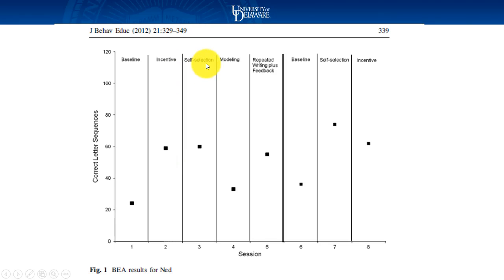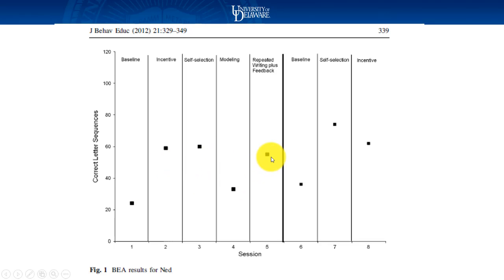They had another intervention for self-selection, probably also a different way of doing motivation. Also similar performance, slightly higher, but not significantly. Then they did a modeling intervention for the hypothesis that the student needed more modeling and more explicit instruction. The student's performance improved, not to the degree that it did when doing the motivation interventions.